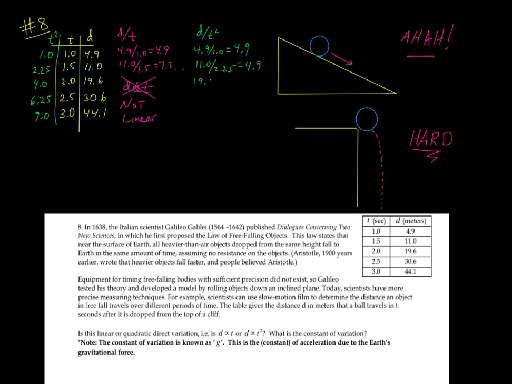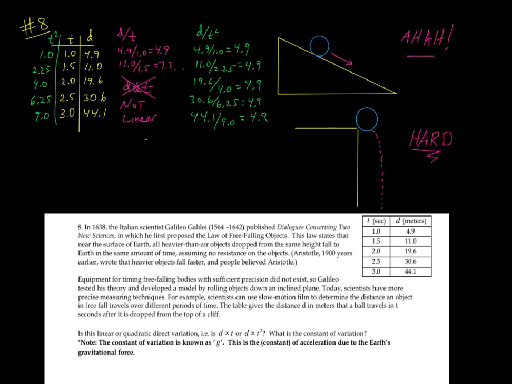Likewise with the next pair, 19.6 divided by 4 is 4.9. The next one, 30.6 divided by 6.25, that's still 4.9. And lastly, 44.1 divided by 9.0, that's still 4.9.